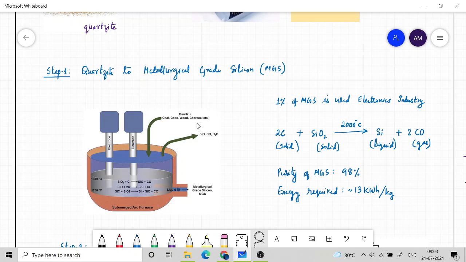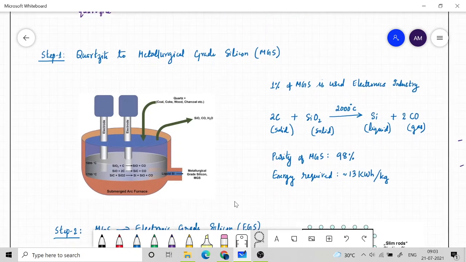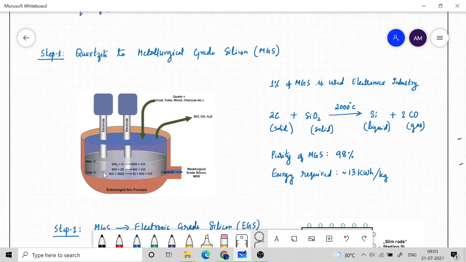So you can see here coal, coke, wood chips, charcoal. These all contain a lot of carbon, and so you mix and heat, melt it with the help of some electrode heating. You apply high voltage so that the current passes through and melts it, and the temperature at which the reactor is operating is around 2000 degrees Celsius.